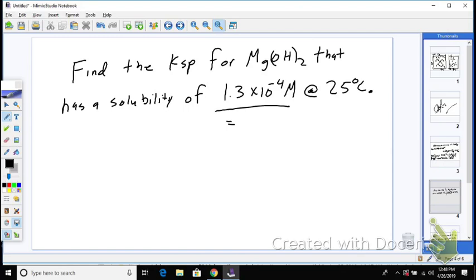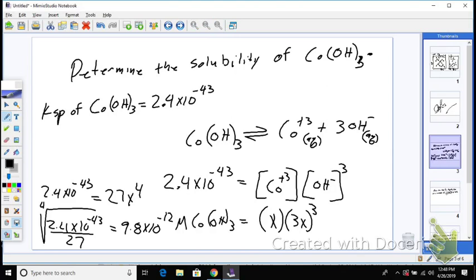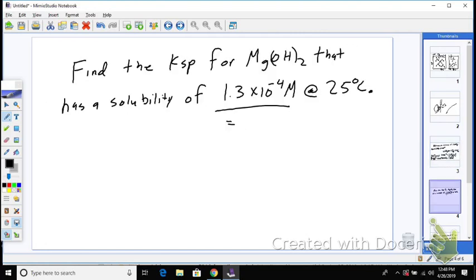Eventually you're going to have to use it to find the Ksp, but what does this symbolize in this equation? X. This is X.